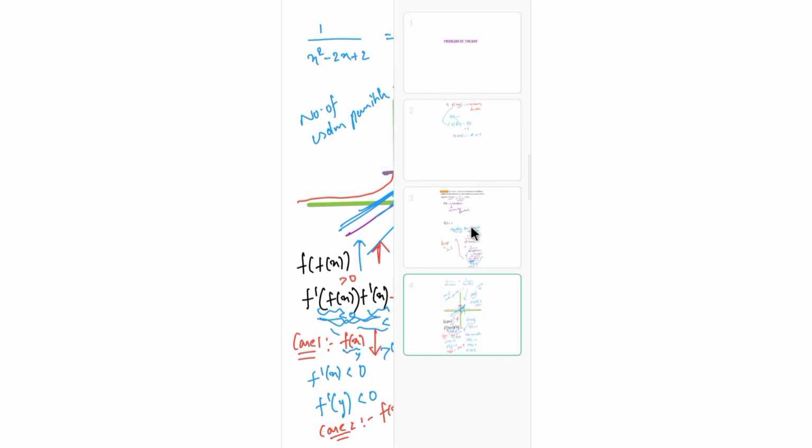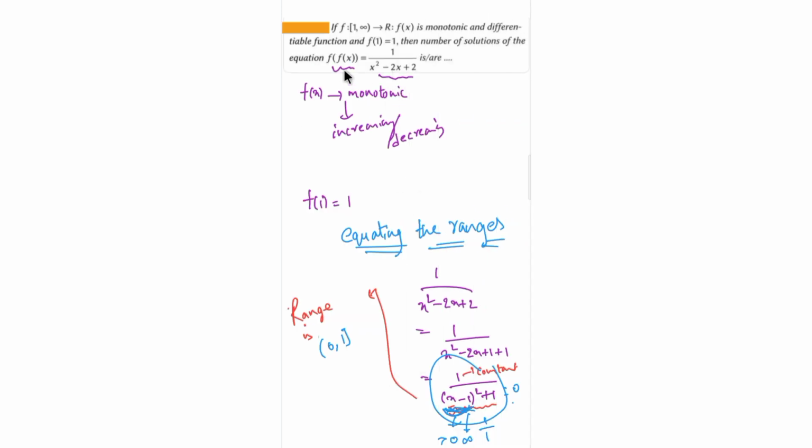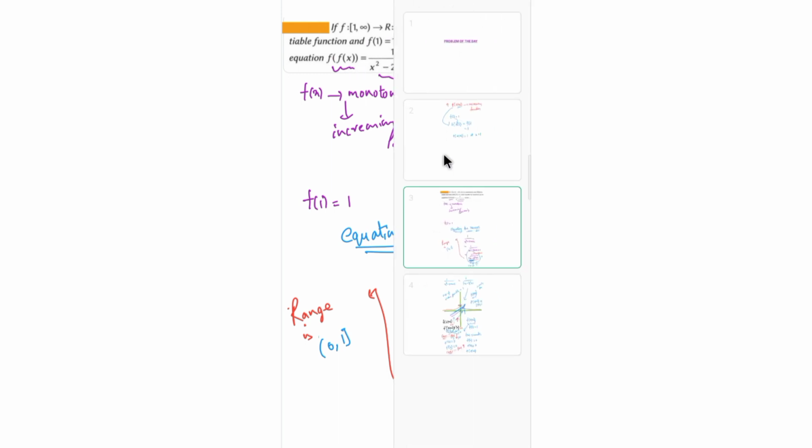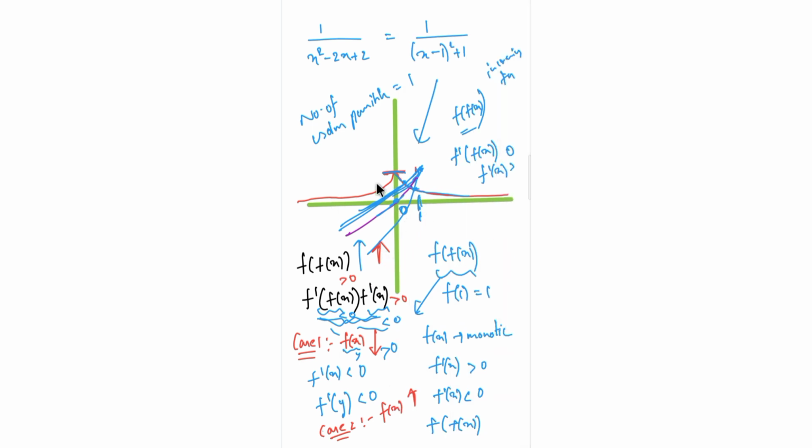So if you see the question carefully, once again they are asking to find the number of solutions of the equation f of x is equal to 1 by x square minus 2x plus 2. So that's what we did. First of all, we got the range of this, like we got an idea of the right hand side of the equation, and then we found the properties, the way f of x is behaving.